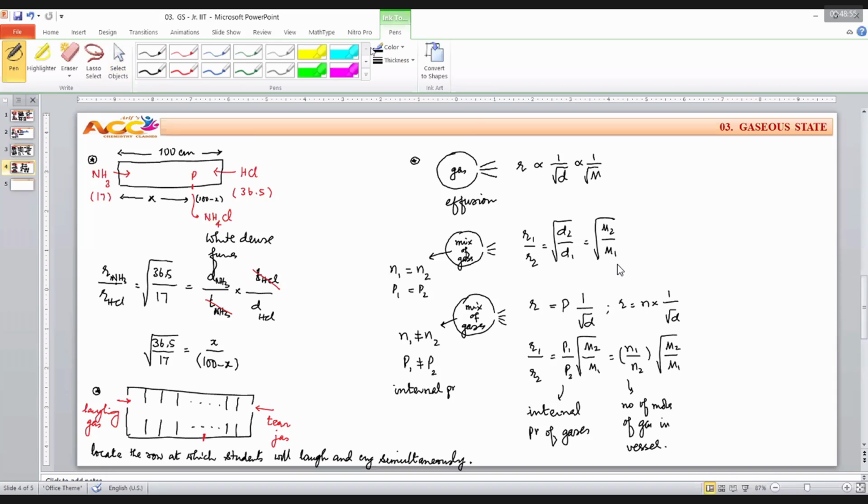Okay, nice. Now that is the end of Graham's law of diffusion, right? As we have said in the previous class, uses of Graham's law of diffusion. Similarly, here, as with Dalton's law, we also have to write the uses of Graham's law of diffusion.